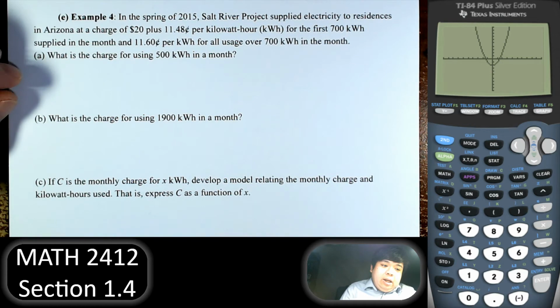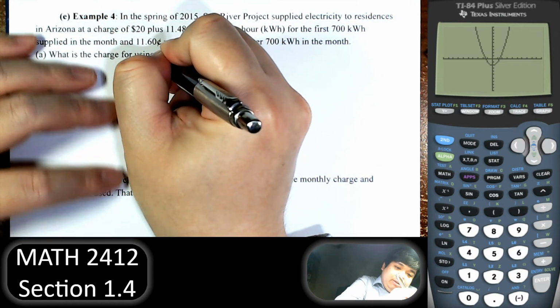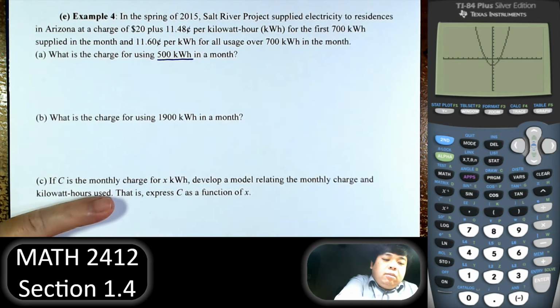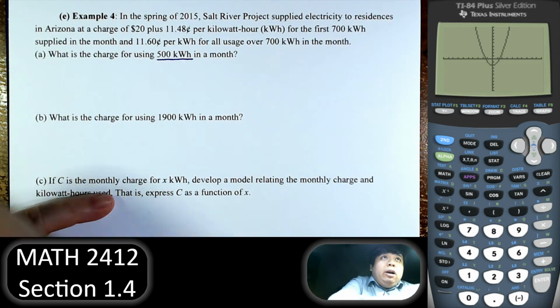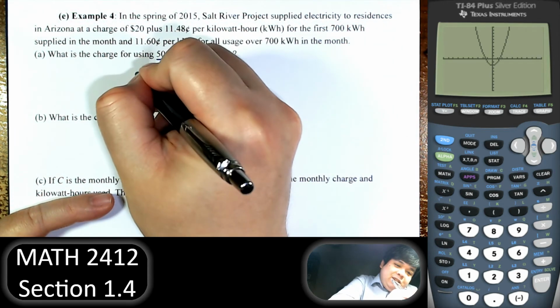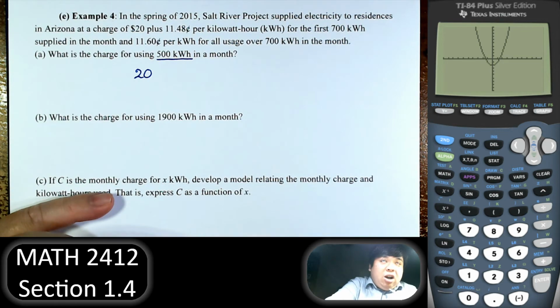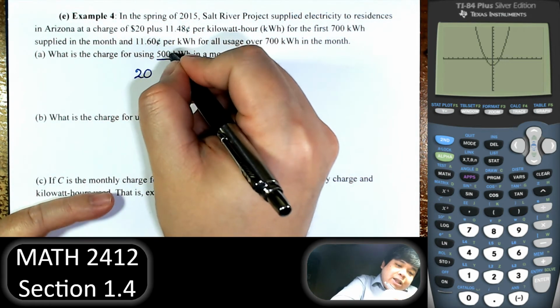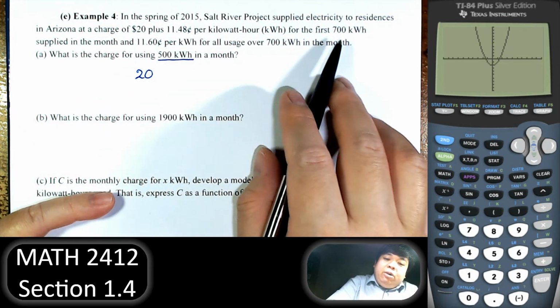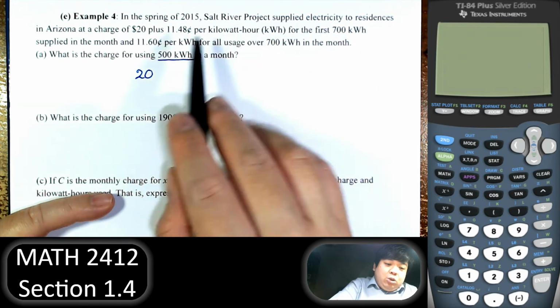So in that case, for 500, first of all, we have the charge of $20 flat. So it has to be $20 regardless of whether you use it or not. This is 500. 500 is less than 700. So in that case, we will use this rate.